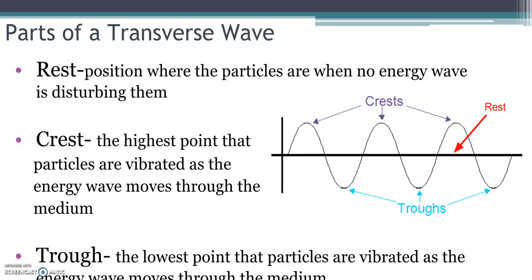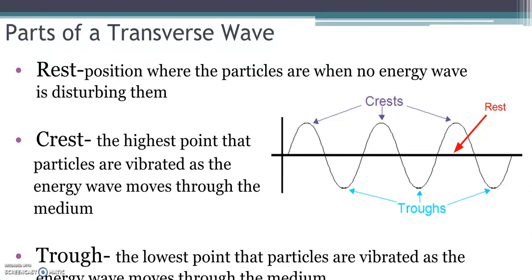Second definition is crest. It is the highest point the particles are vibrated as the energy wave moves through the medium. So again, you see that the diagram is pointing to 3 areas where it's showing the highest point particles can be vibrated for this particular energy wave moving through the medium. And then lastly, you have trough.